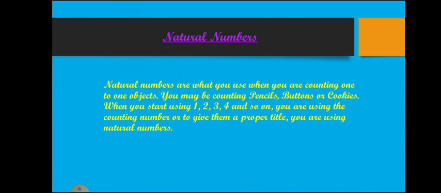Natural numbers are what you use when you are counting objects one by one. You may be counting pencils, buttons or cookies. When you start using 1, 2, 3, 4 and so on, you are using the counting numbers, or to give them a proper title, you are using natural numbers. These are the numbers that we all know, like 1, 2 and 3.